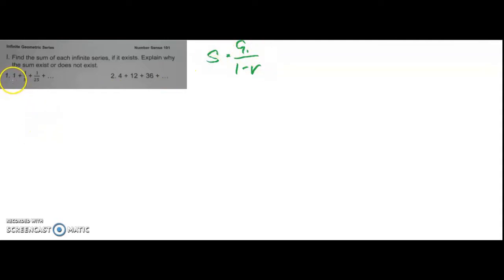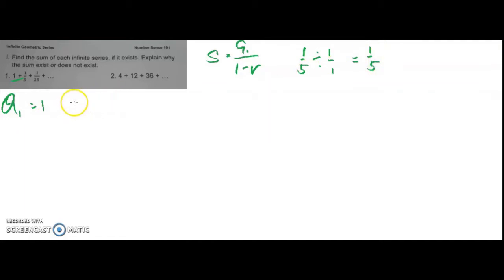So this indicates now the sum of the pattern. And we know that a sub 1 is equal to 1. And our common ratio will be 1 over 5 divided by 1 over 1, that is equal to 1/5 also.